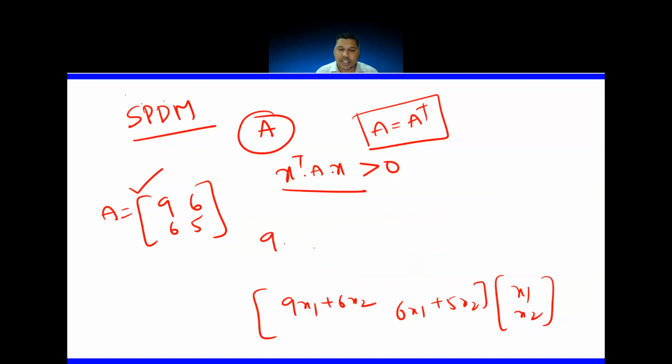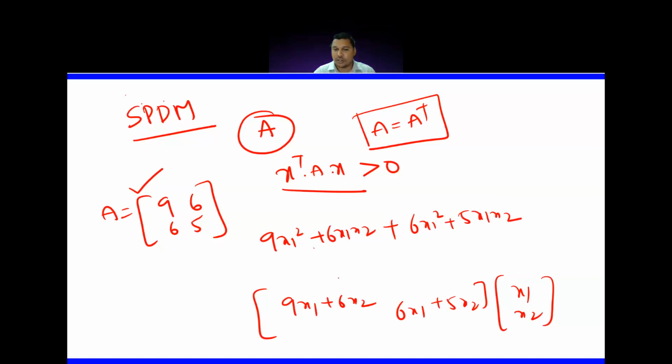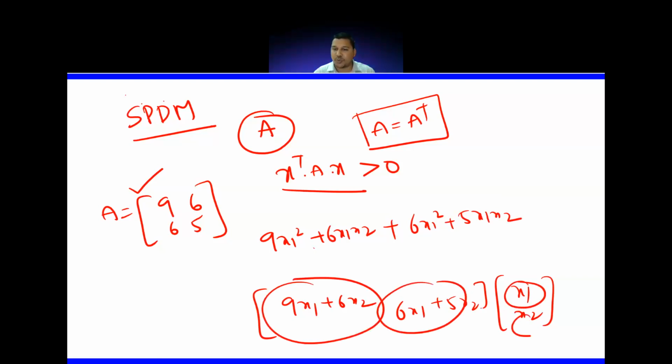So it is 9x1 square plus 6x1x2. This becomes one value, right? This into this plus this into the second term, so 6x1 square plus 5x1x2.